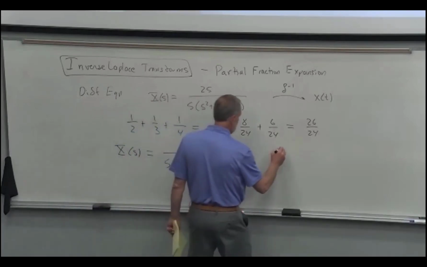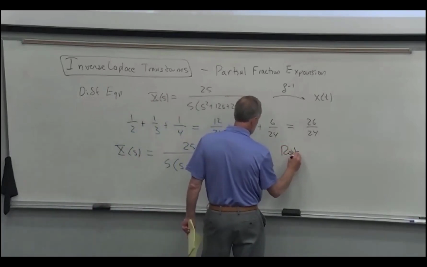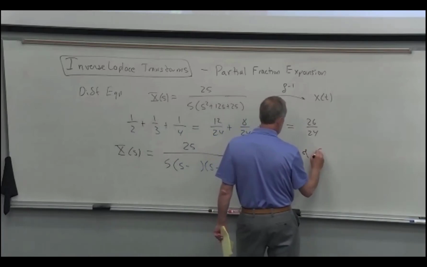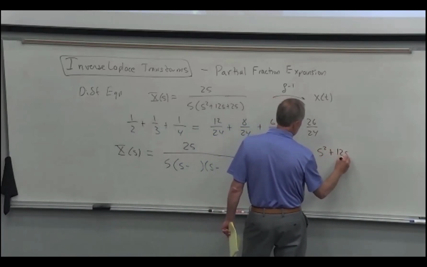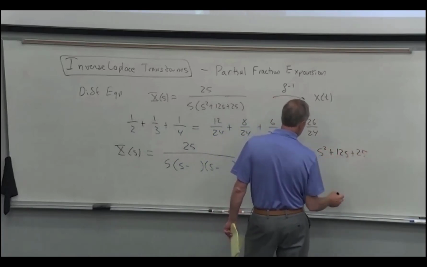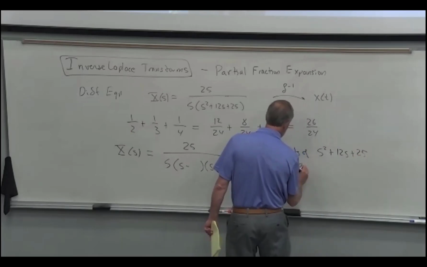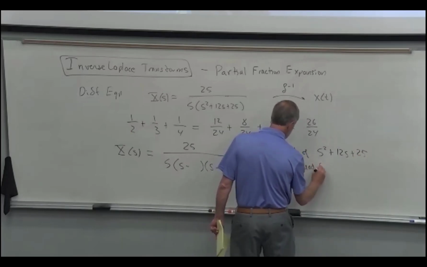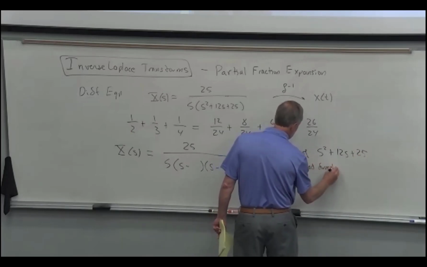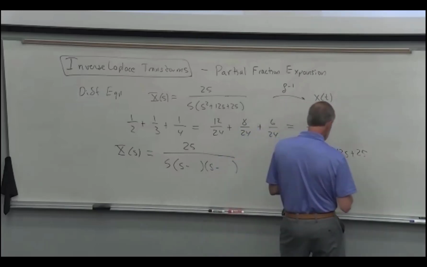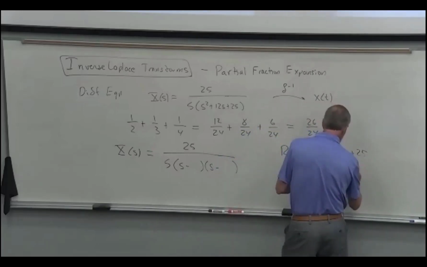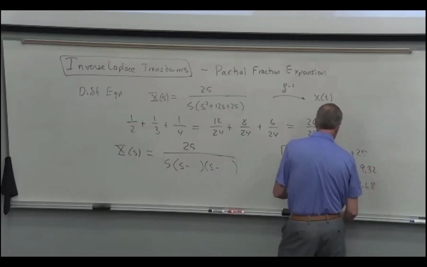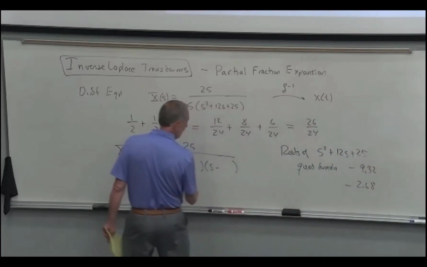So the roots of s squared plus 12s plus 25, if you use the quadratic formula, or your calculator or MATLAB or whatever, you find out that the roots are minus 9.32 and minus 2.68. So that's what goes in here.